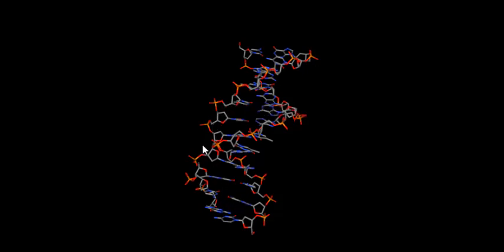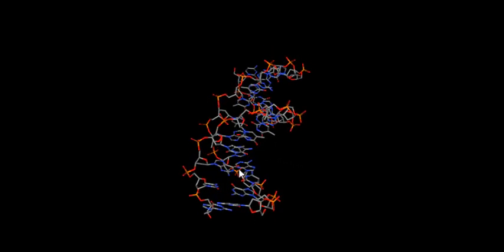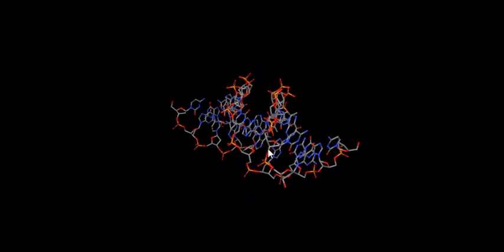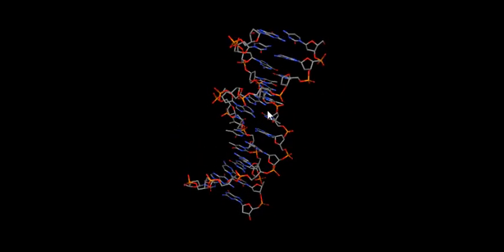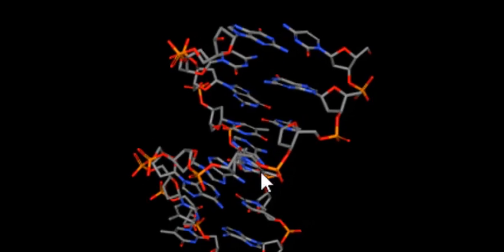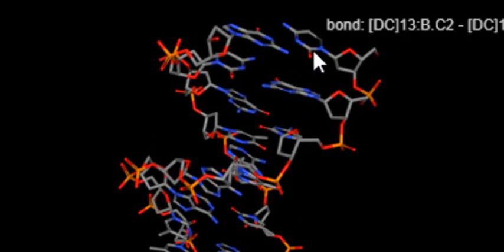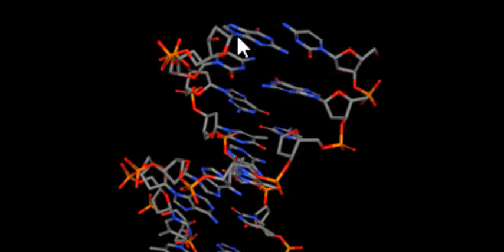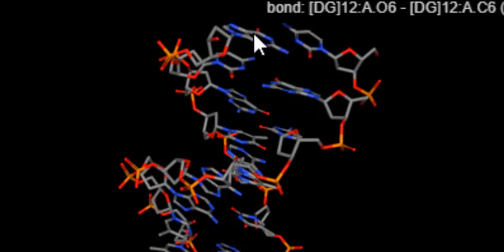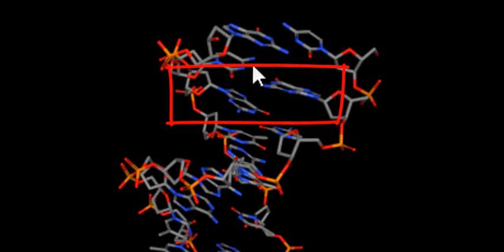Let me make it spin in space a tiny bit to show you a better representation. We have one base here, a pyrimidine, the simplest of the cycles. And on the other side, we have a hint of a purine molecule. So pyrimidine, purine. We have a pyrimidine here and a purine there.